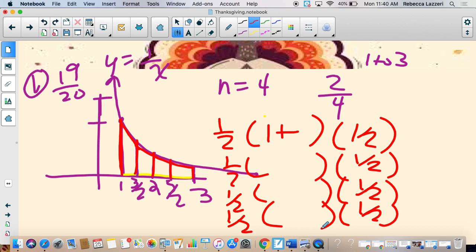All right, so f of 1 is 1. F of 3/2 is 2/3. And then I'm going to reuse this. Oh, how did I get 2/3? 1 over 3/2. Wouldn't that give me 2/3? Then the next one is 2/3 plus f of 2, which is 1/2.